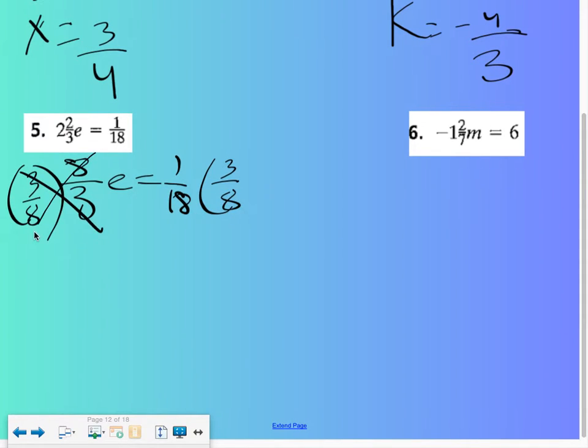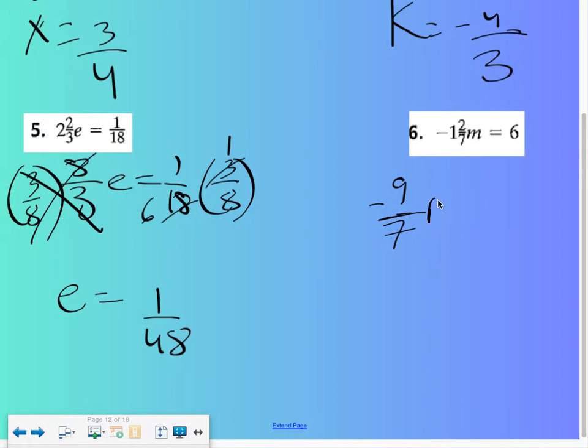We get 1e equals, well, 3 is common here 1 time and 6 here, so that would be 1 over 48. All right, 6, same type of thing. I want to put that in an improper fraction, so we have negative 9 over 7. M equals 6. Multiplying by the reciprocal.